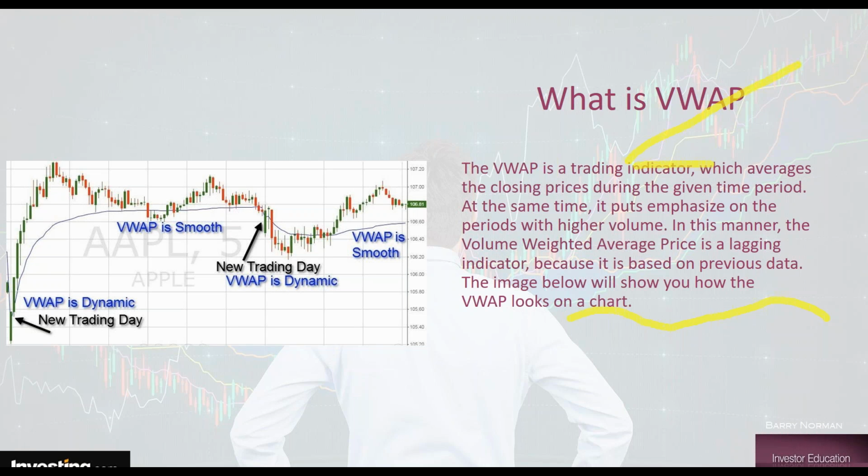So again, if we were looking at a 5 time frame simple moving average, we would take 5 time frames, 4, 3, 2, 1 close, add them together, and then divide it by 5, and that would give us our moving average. A weighted moving average would give more weight to the most current price.